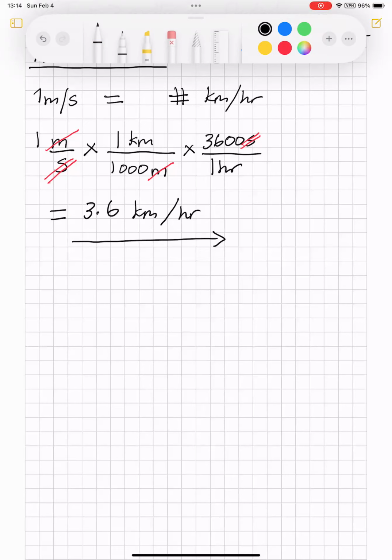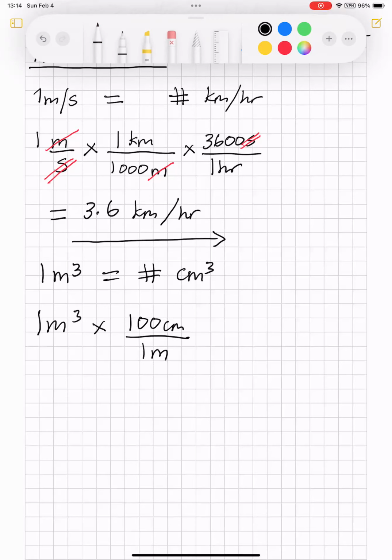Okay, maybe just one more to really illustrate the point. Let's say we take 1 meter cubed. It is equal to a certain number of centimeters cubed. So how do we do this? 1 meter cubed times 100 centimeters over 1 meter.